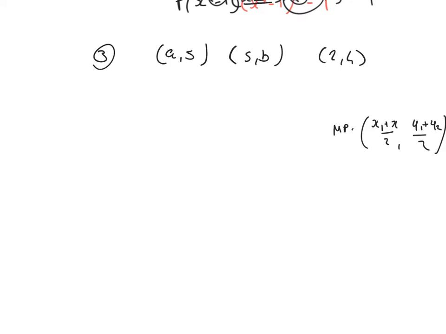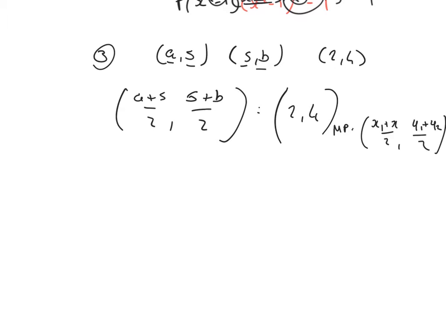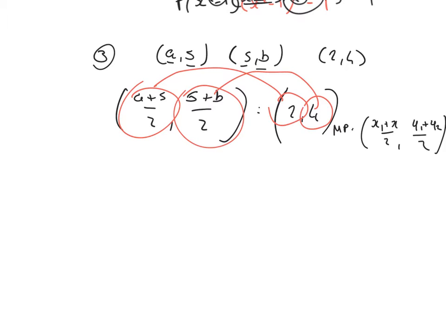So a plus 5 over 2, and y1 plus y2 over 2, is equal to the midpoint of (2, 4). So this will give me 2 and that will give me 4. a plus 5 over 2 equals 2. Bring that up, that will be 2 times 2. a plus 5 is equal to 4 and a is equal to 4 minus 5, that's minus 1.